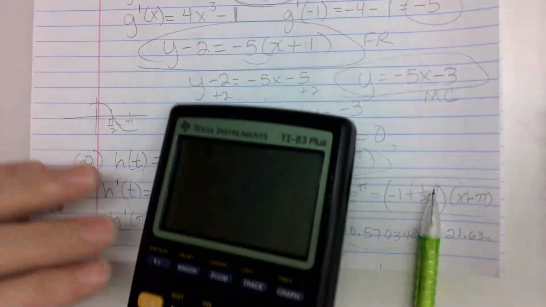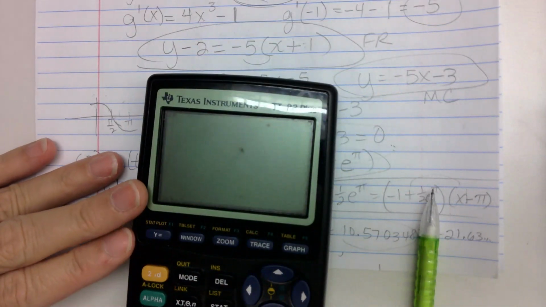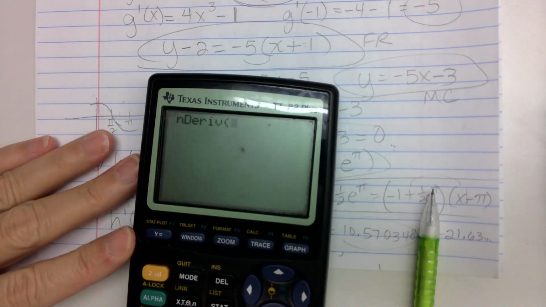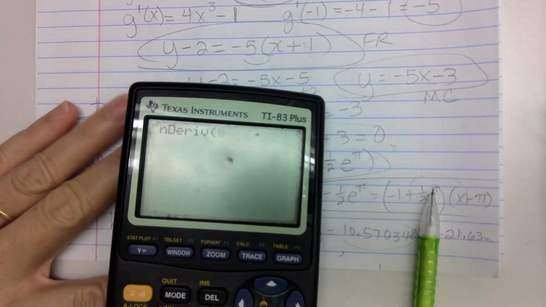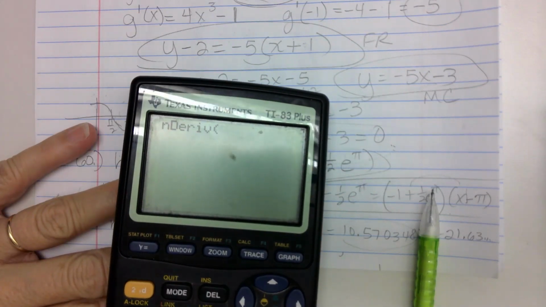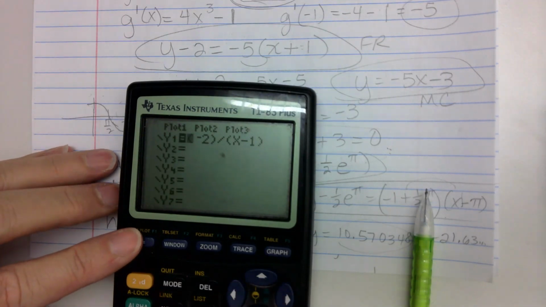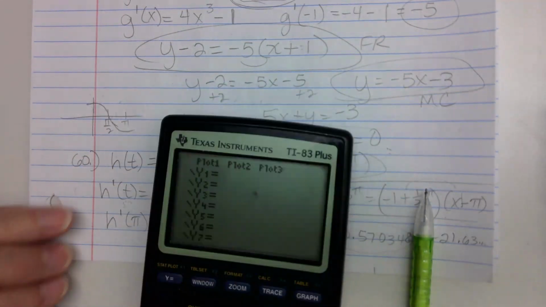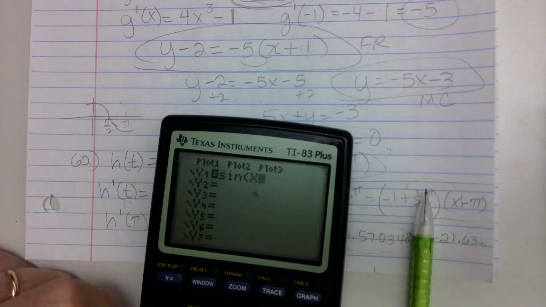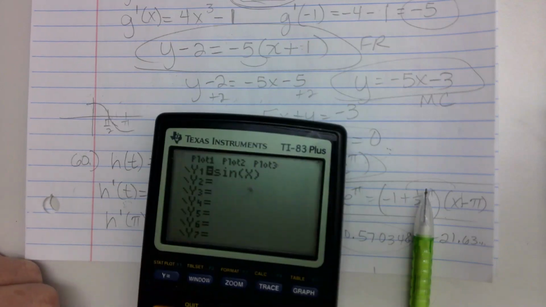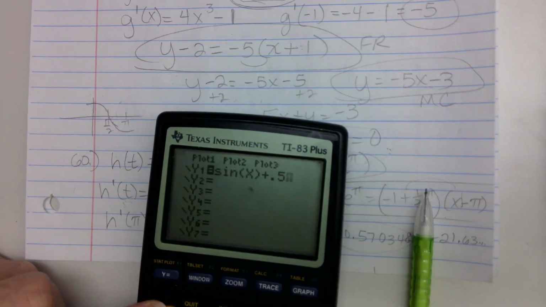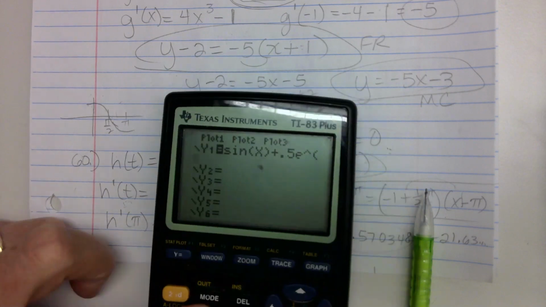So you might have to figure it out too. Math 8 is still the end deriv, but is your function in your y1? If your function was in your y1, which I'll get sine t plus 0.5 e to the t.